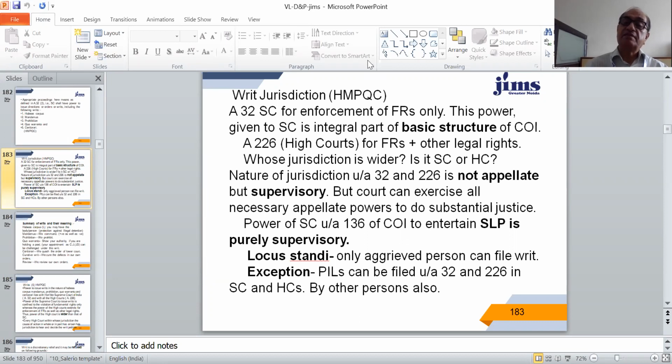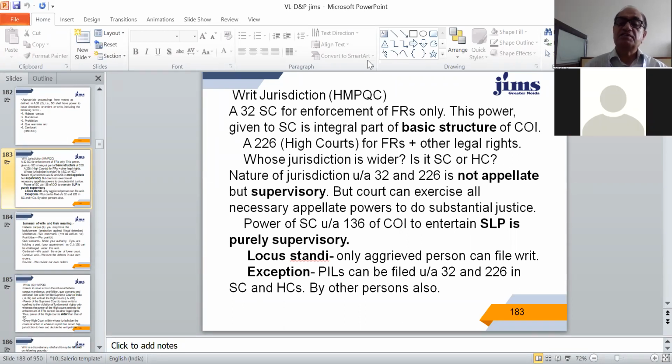So as between the Supreme Court and High Court, the powers of the High Court are wider because the High Court can look at the violation of non-fundamental rights also, whereas the Supreme Court will entertain the writ only and only when your fundamental right is infringed. The Supreme Court has another power under Article 136 of the Constitution to entertain special leave petitions. That power is also purely supervisory.